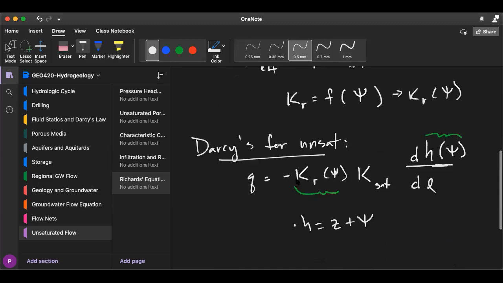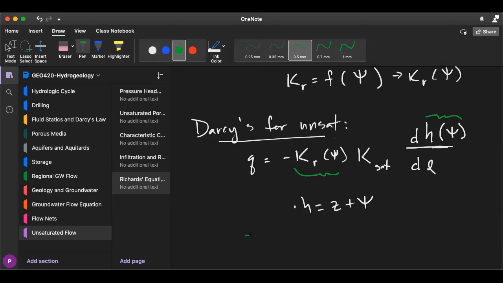Now let's look at unsaturated flow. Here we've got a head gradient, right? And we've got a discharge, but this thing that relates them is not constant. There's not a constant slope, because as we change head, then we're going to change K sub R. So there's no longer a linear relationship between discharge and head gradient.